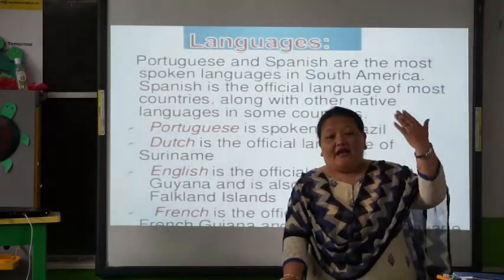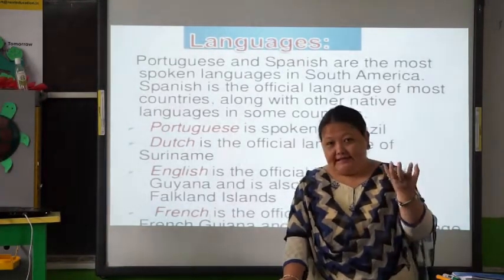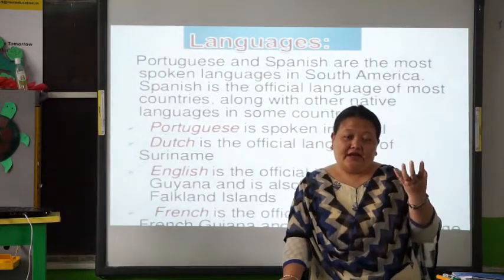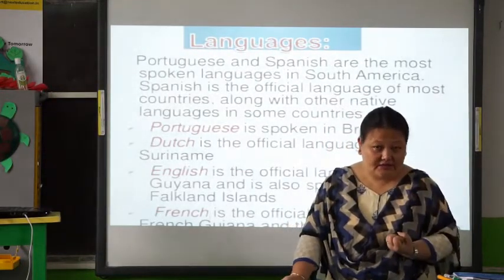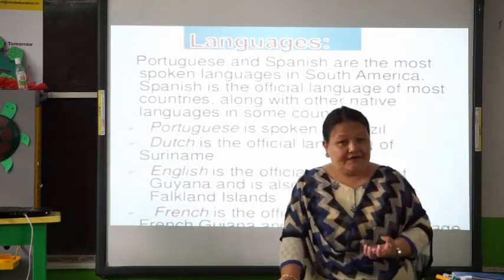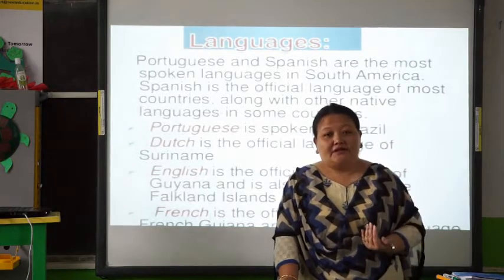Okay, so today we are just concentrating on the political divisions of South America. So we are to look at where actually South America is located. Okay, it is located in the southern hemisphere, in the western hemisphere, and it is a subcontinent of America.